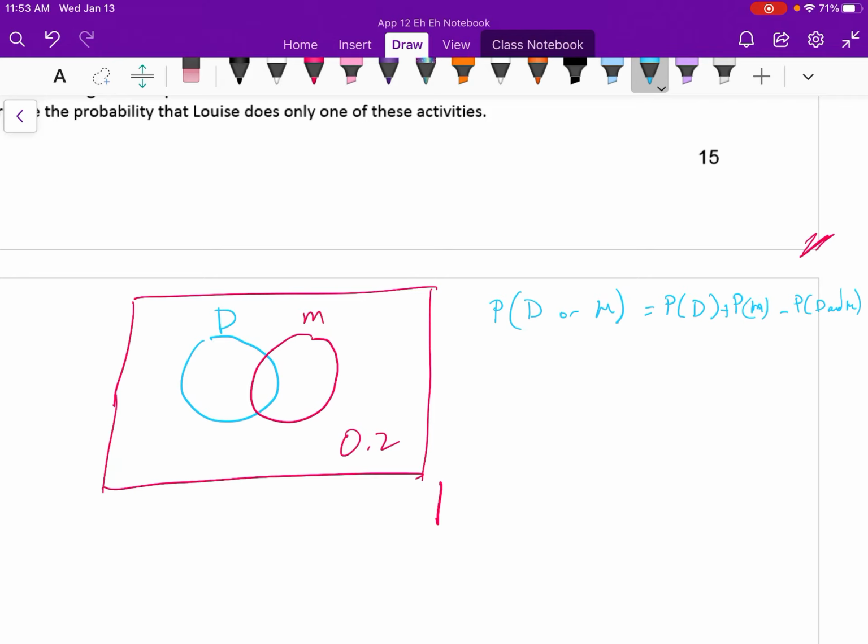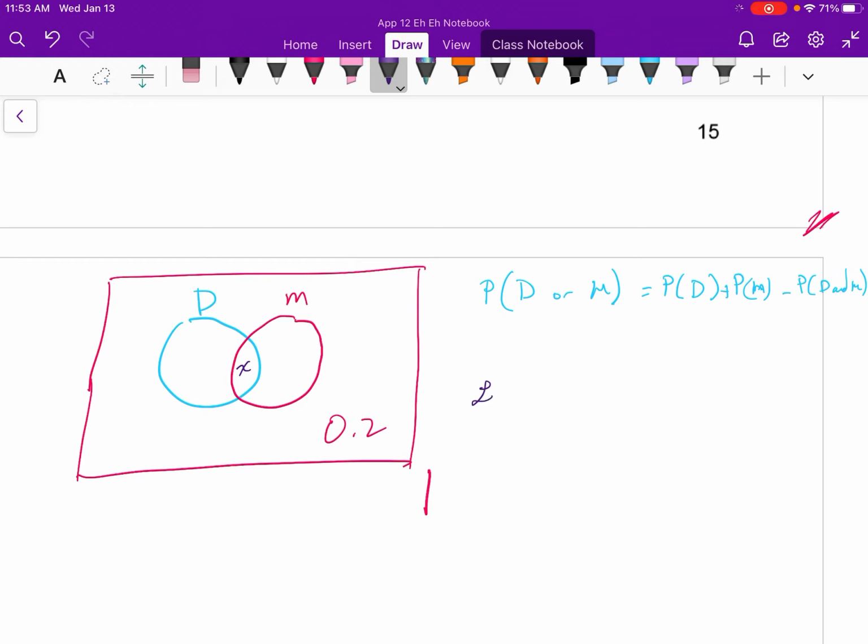I still don't know how much is dinner and how much is movie because I simply don't know how much is in between, X. So let X equal the probability of a dinner and movie.